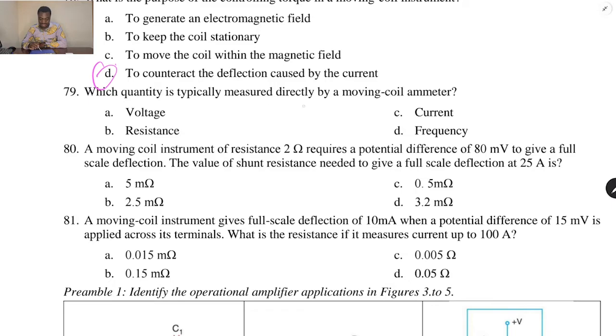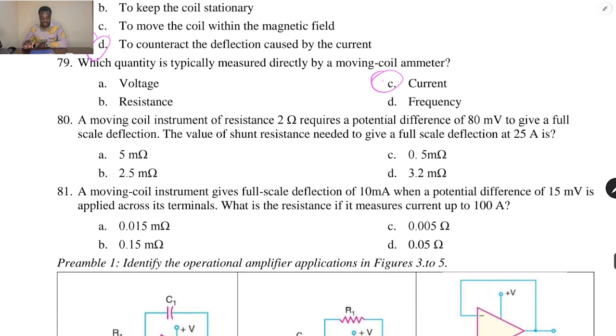What quantity is typically measured directly by a moving coil ammeter? If you have a moving coil ammeter, it measures current, right? A moving coil instrument of resistance 2 ohm requires a potential difference of 80 millivolts to give a full-scale deflection. The value of shunt resistance needed to give a full-scale deflection at 25 amps is?